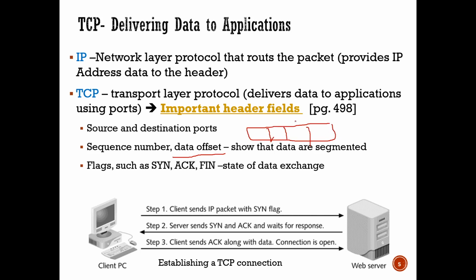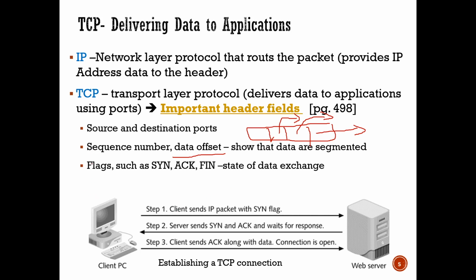This is one packet, but it can be sent one after another in segments. So we use data offset to indicate the beginning and the ending parts of the packet, so that there is no packet delivery error.